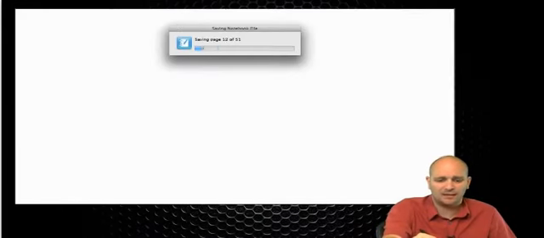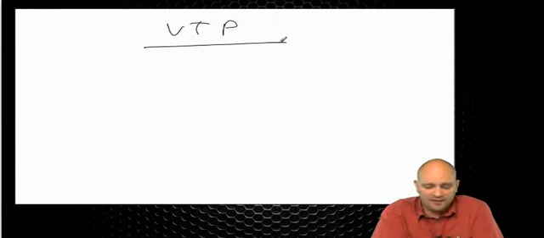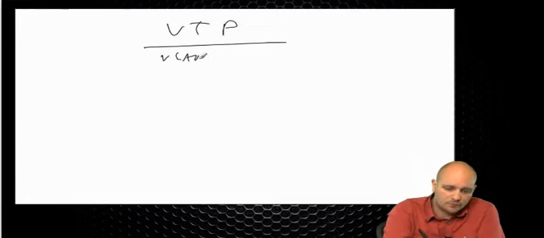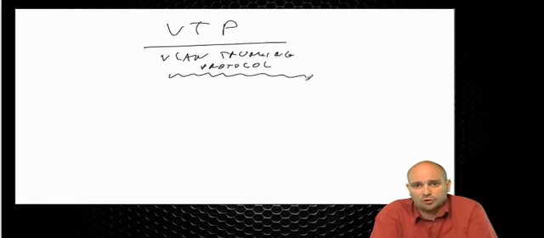The next thing that I'm going to talk about, we are still on the subject of DTP. So DTP has a relationship with VTP, and VTP is VLAN Trunking Protocol. Now, VLAN Trunking Protocol is Cisco's proprietary protocol that can be used to distribute the information about VLANs from one switch to another.